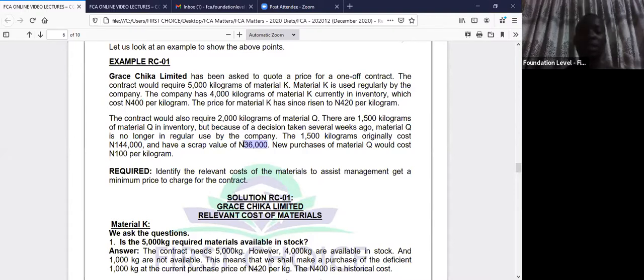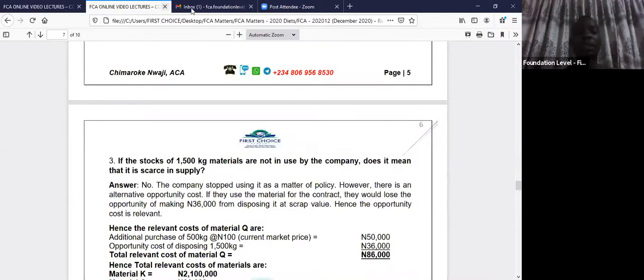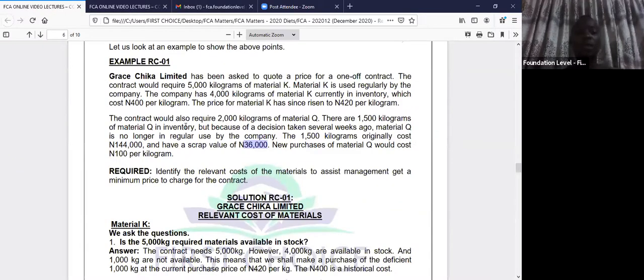So it means the value of your material is the scrap, 36,000. So that's it. The question says, identify the relevant cost of material to assist management get a minimum price to charge for the contract.